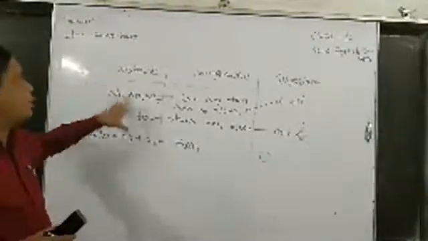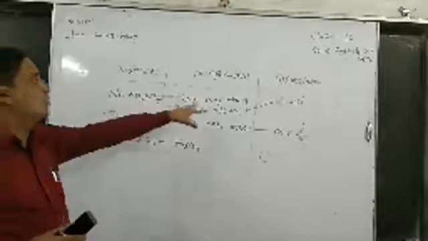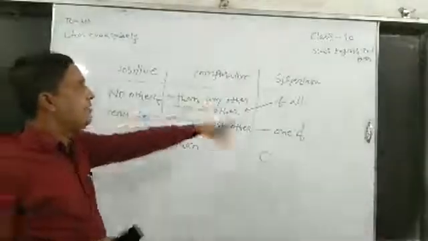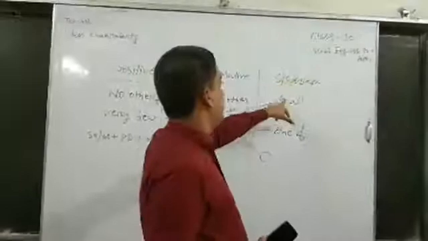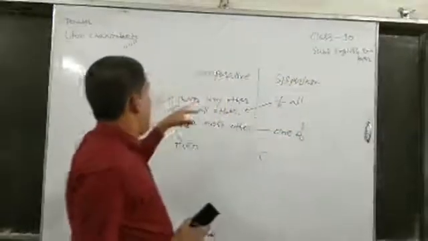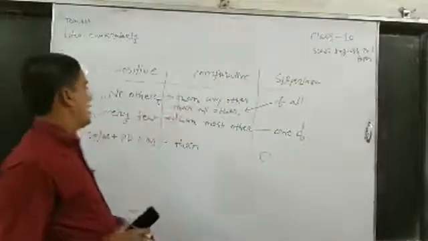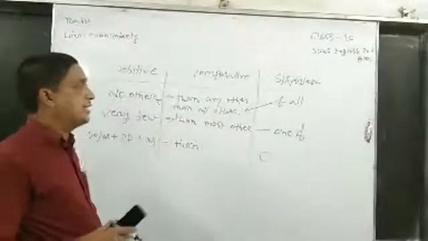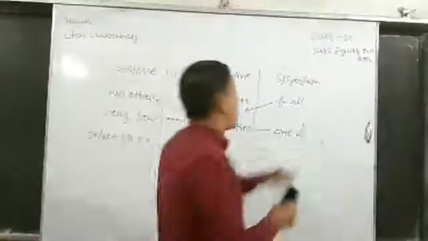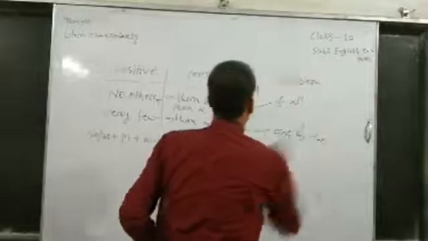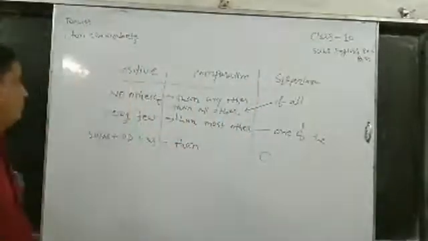This is the form. If you understand that, if I get no other in the positive, I will use than any other. If I get superlative over, then I will use than all other. Very few, then most other. And one of the superlative, then most other.